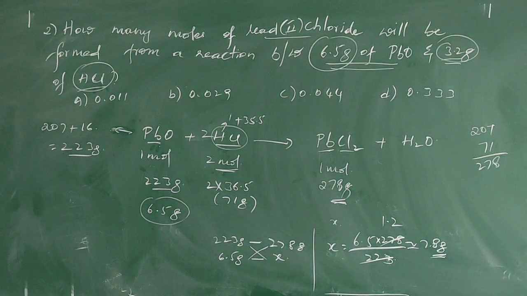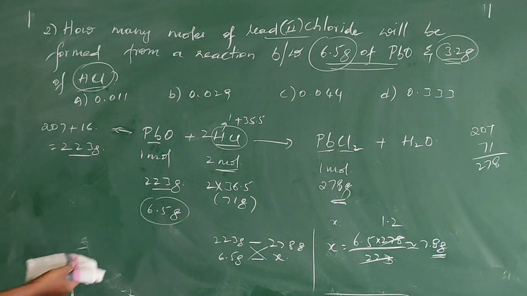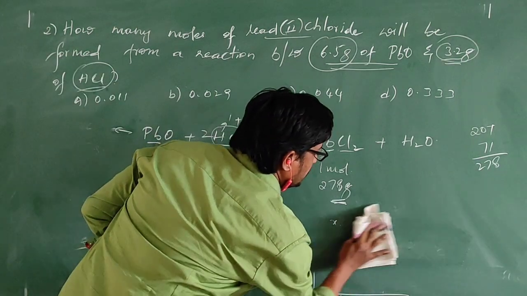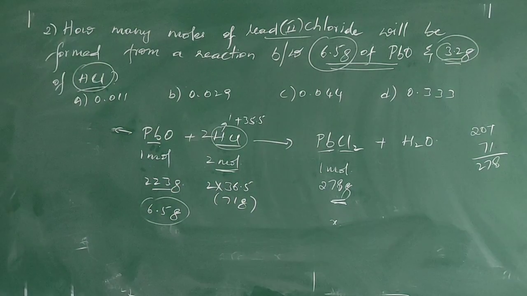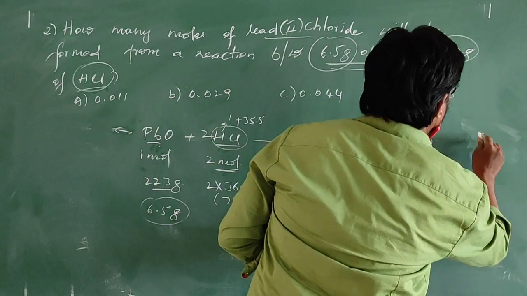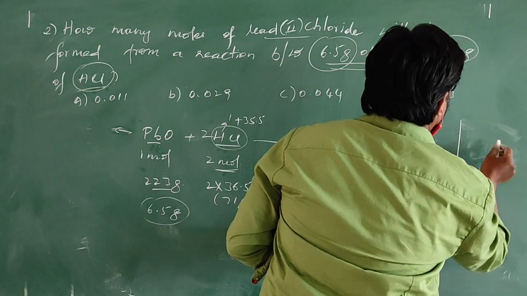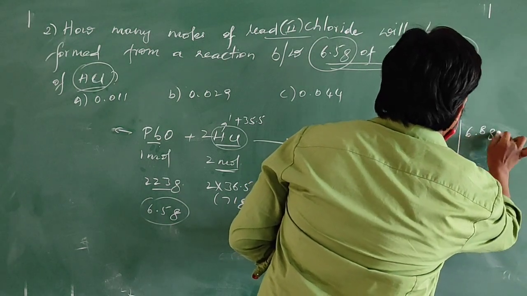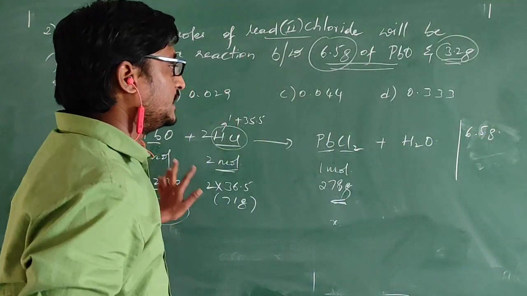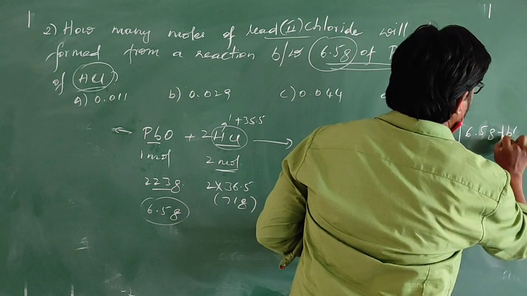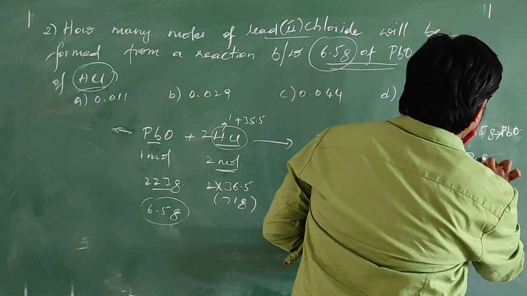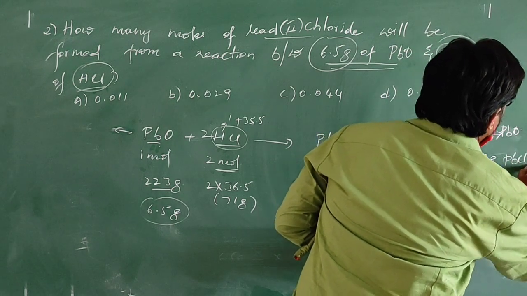From 6.5 gram of lead oxide, 7.8 gram of lead chloride was produced.